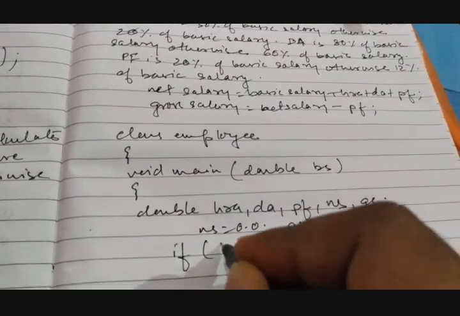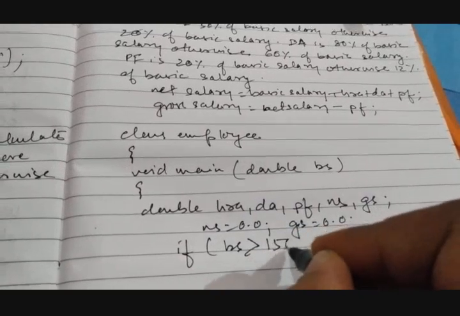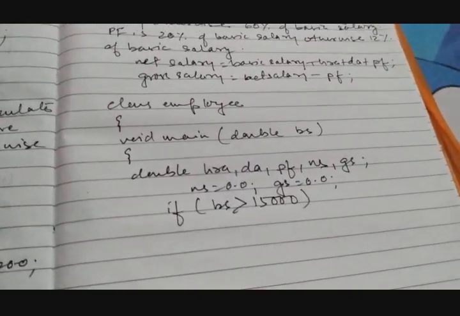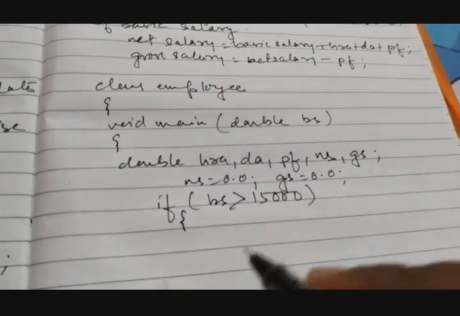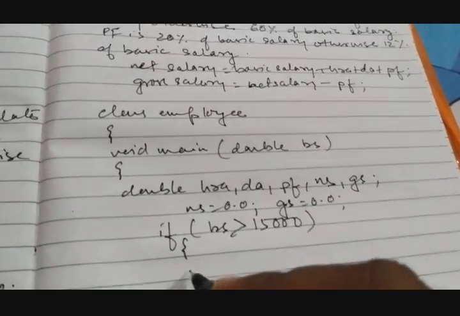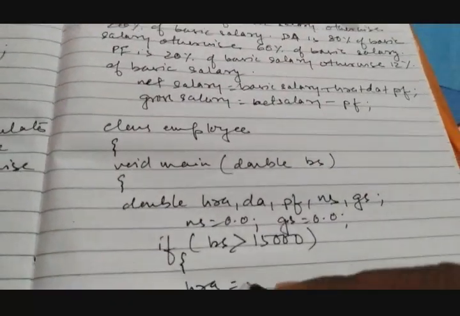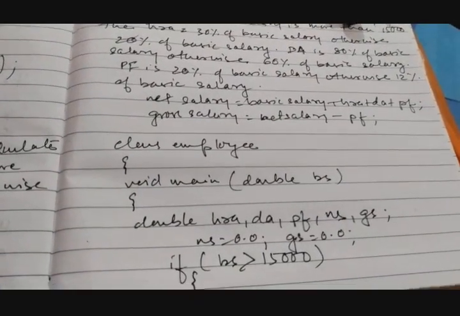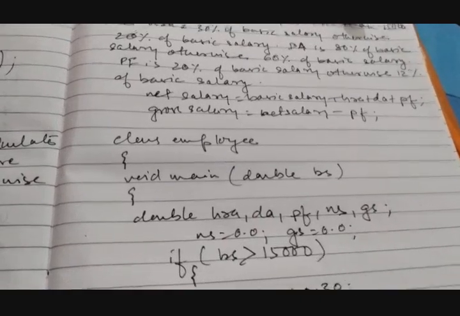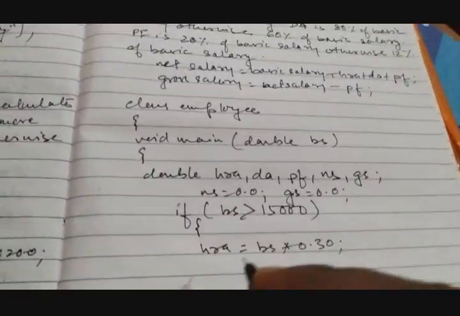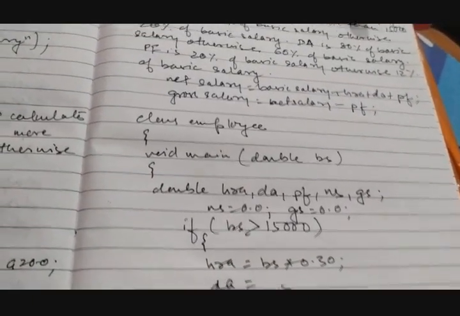If the basic salary is more than 15,000, then HRA equals, what is an HRA? 30% of basic salary. So basic salary BS 30%. Now what is a DA?